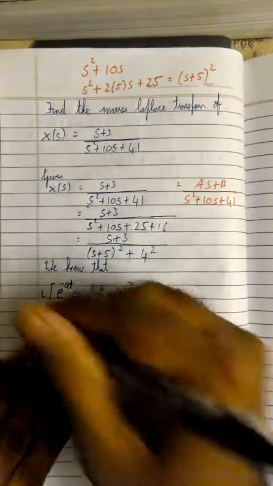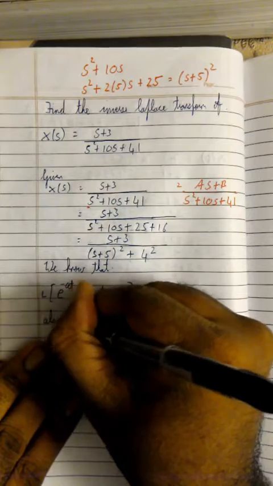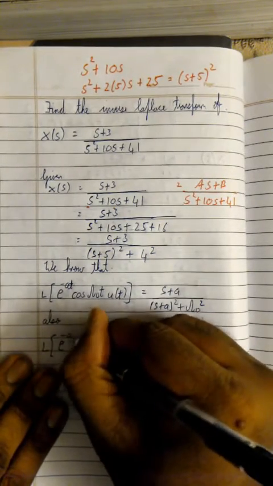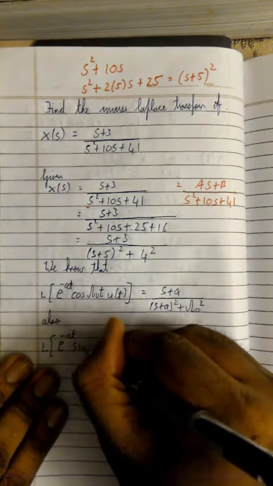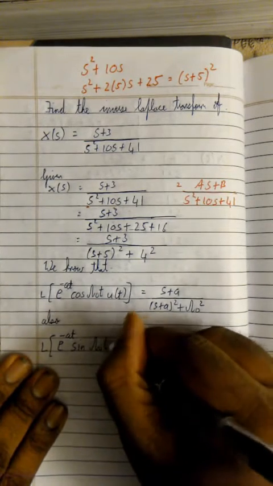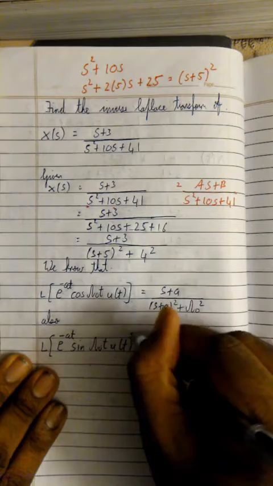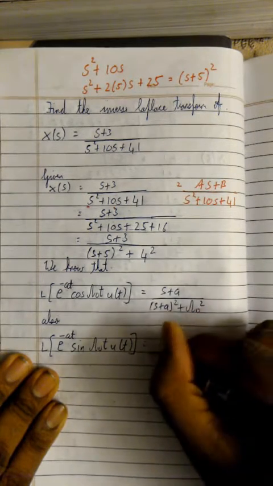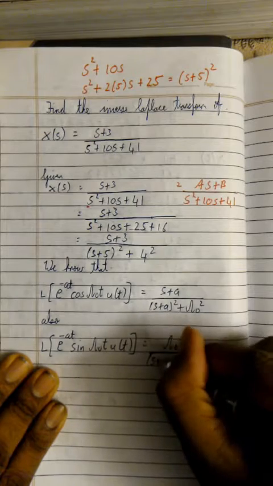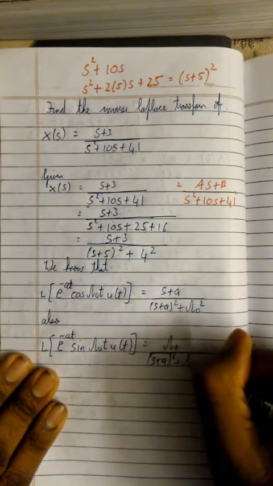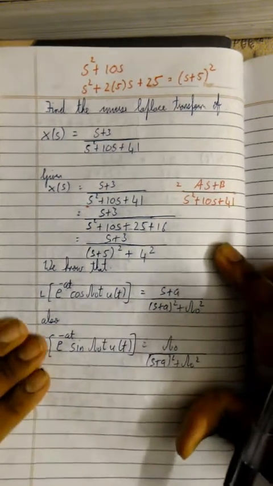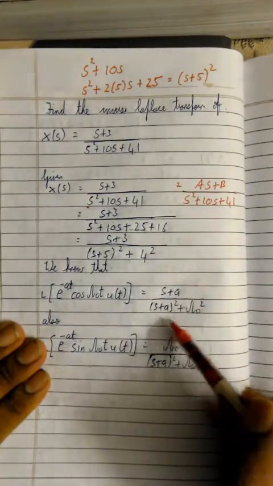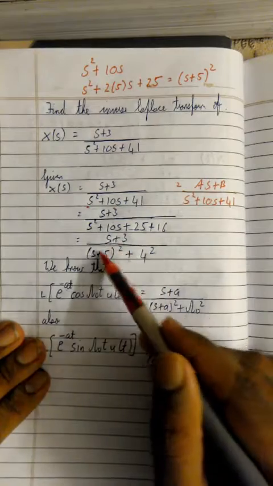And also the Laplace transform of e^(-at) sin(Ω₀t) u(t) is equal to the other term, Ω₀ / ((s + a)² + Ω₀²). Okay, so now what you need to do is look at this and look at this.